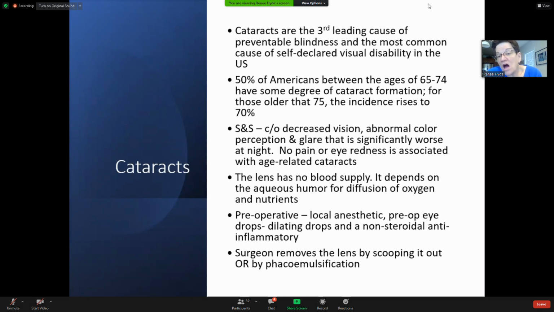The most common treatment for cataracts is surgical removal. And preoperatively, what we as nurses will do is give a local anesthetic, pre-op eye drops, like a dilating drop or non-steroidal anti-inflammatory. And then that surgeon will remove that lens and replace it with an artificial lens.